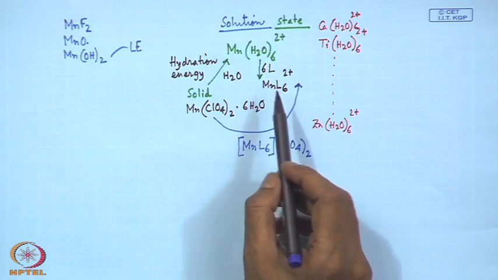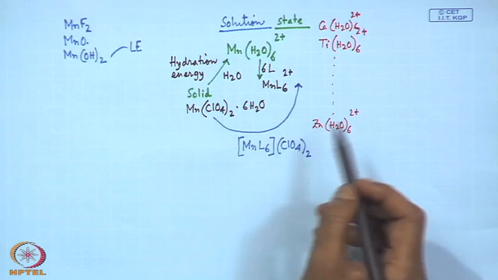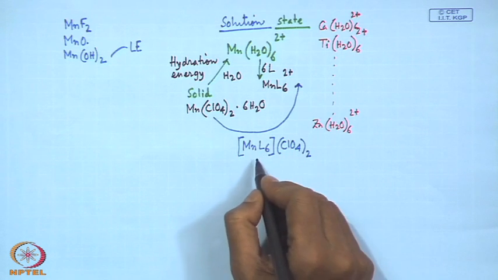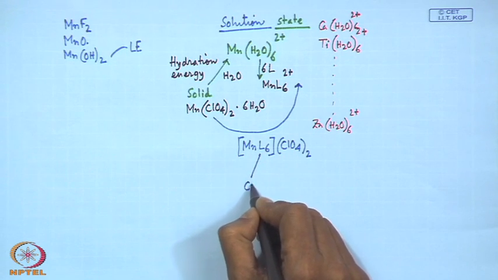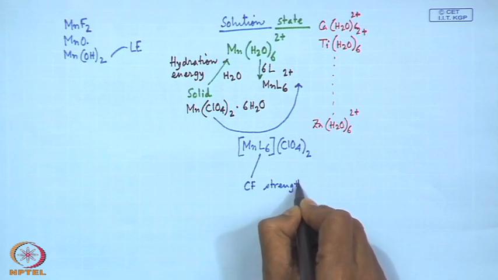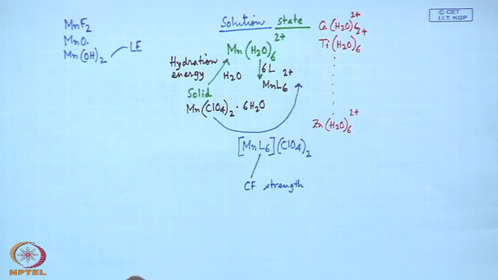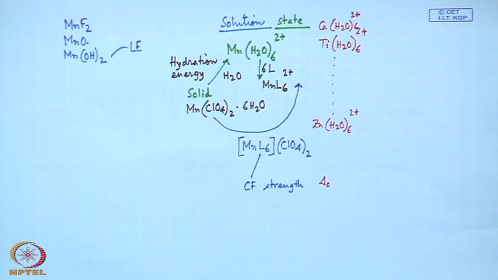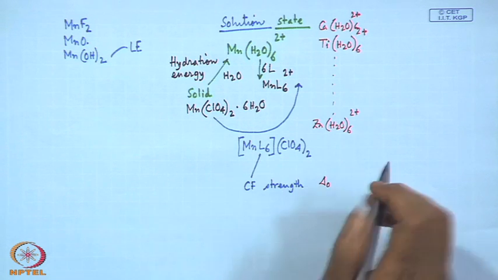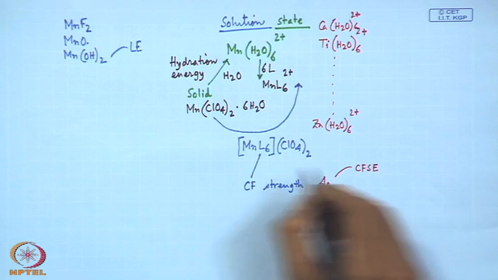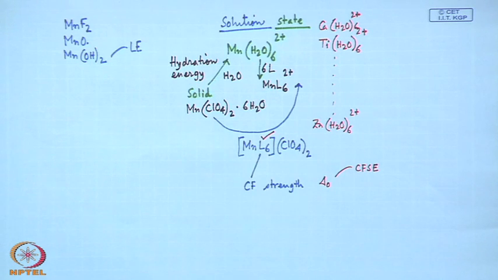So, we will have all sorts of other contributions afterward, whenever we are forming the corresponding metal complex. Depending upon the crystal field strength of the ligand system, we can have different magnitudes of crystal field splitting and their corresponding CFSE values for this particular ligand.